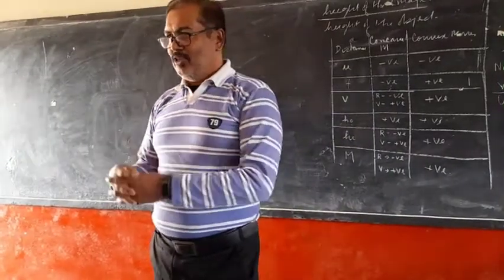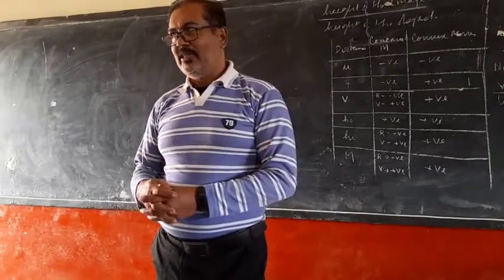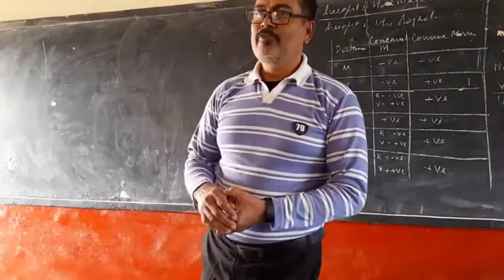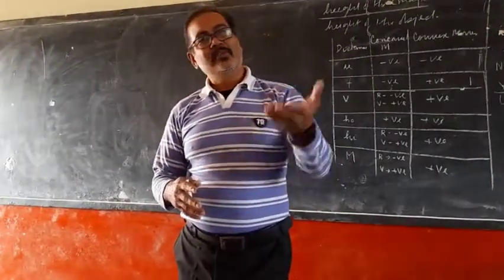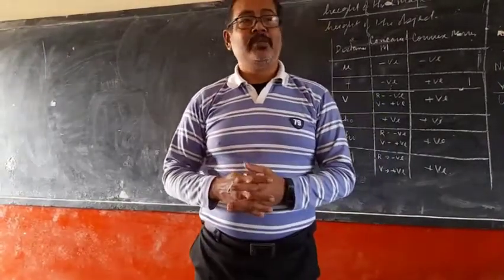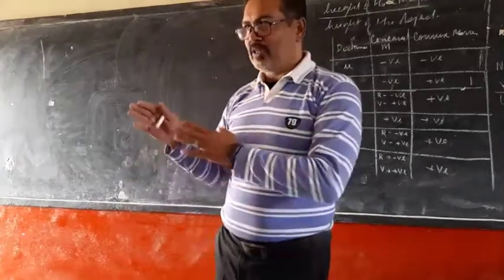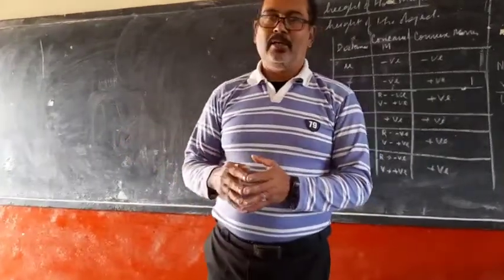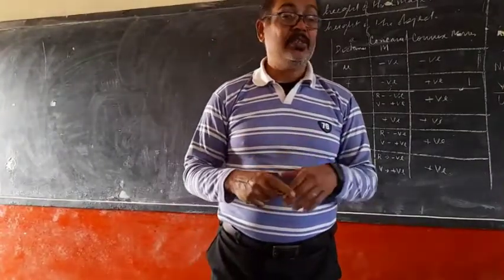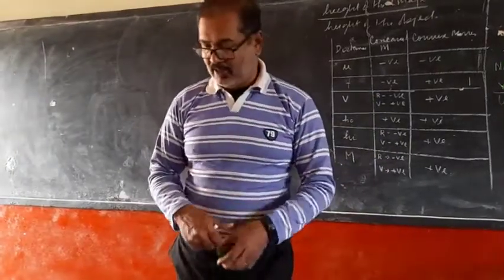In this video, I'm very sure that you will get confident solving the numericals related to physics. In the previous class, we studied the basic concept and sign conventions, how to use signs for different terms such as image distance, object distance, height of image, height of object, and magnification in a concave mirror and in a convex mirror.